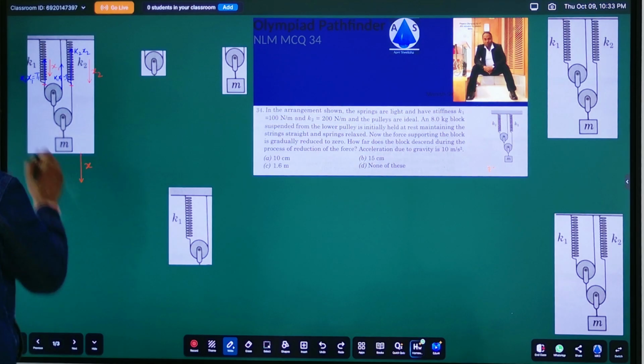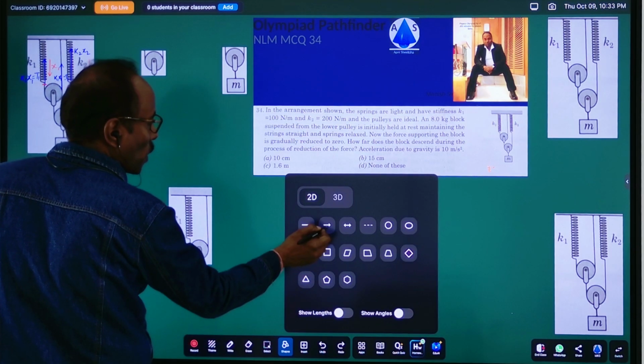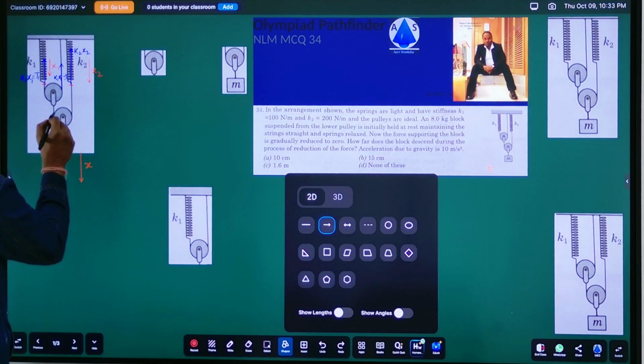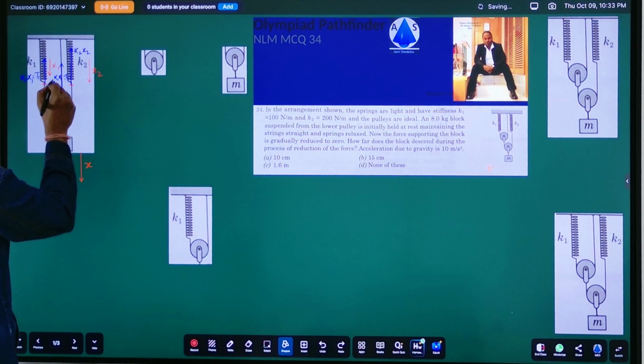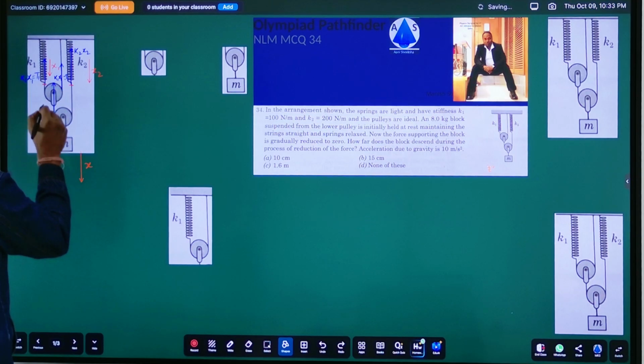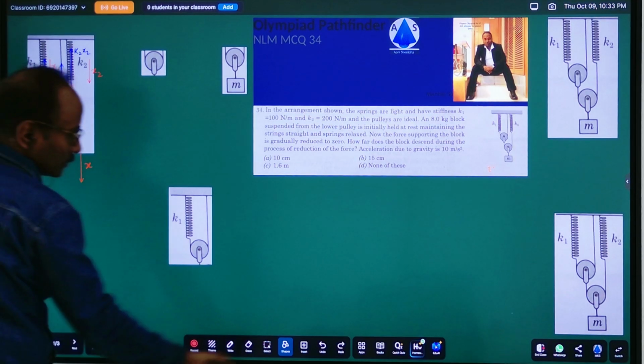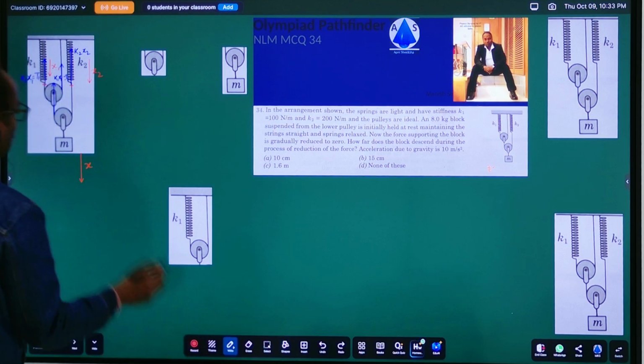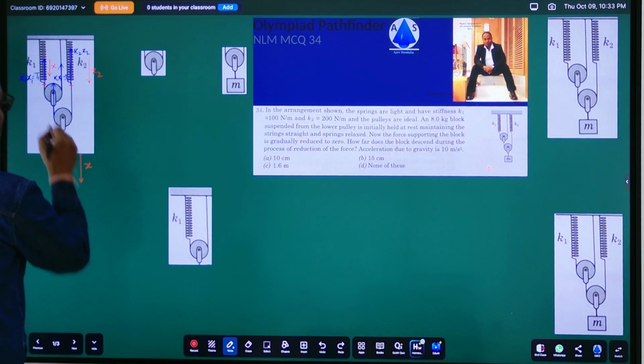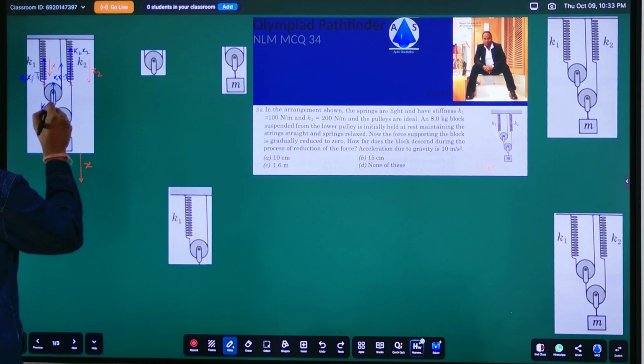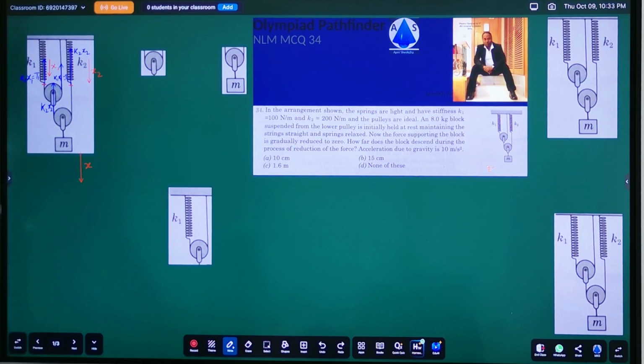So here also, on the other end also, K2X2 force will be acting upward on this pulley.